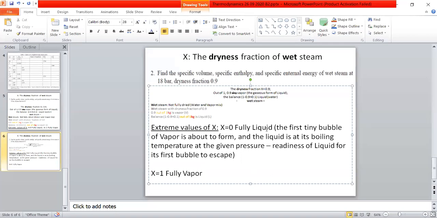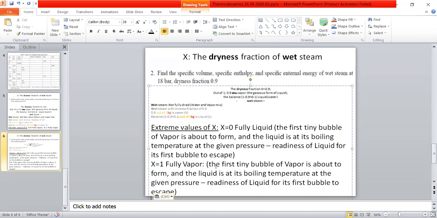Same way. Let me copy from this. See, what is this? The last tiny bubble of vapor is about to form. Okay.